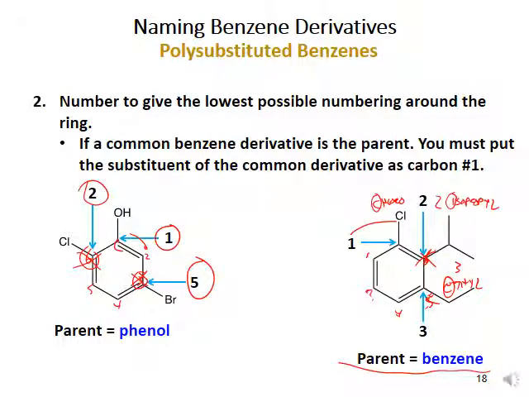Over here, we've got a 2 chloro and a 5 bromo. Okay, so now that we have the numbering system down and we know what the parents are and we've counted what the substituents are, let's put the thing together.